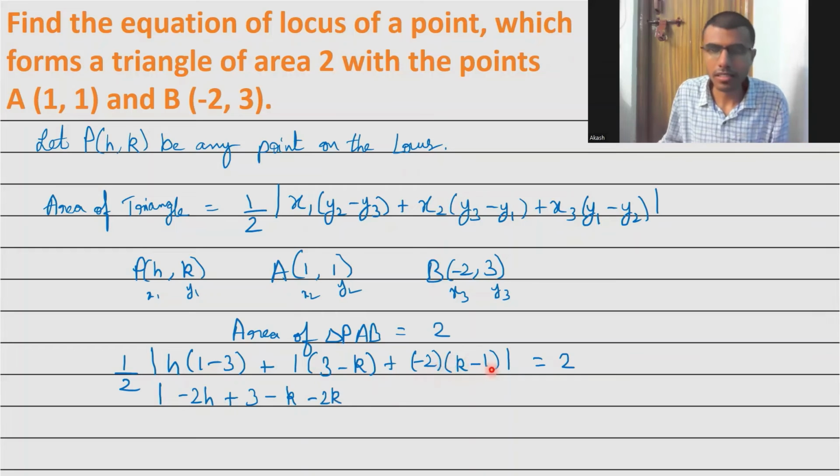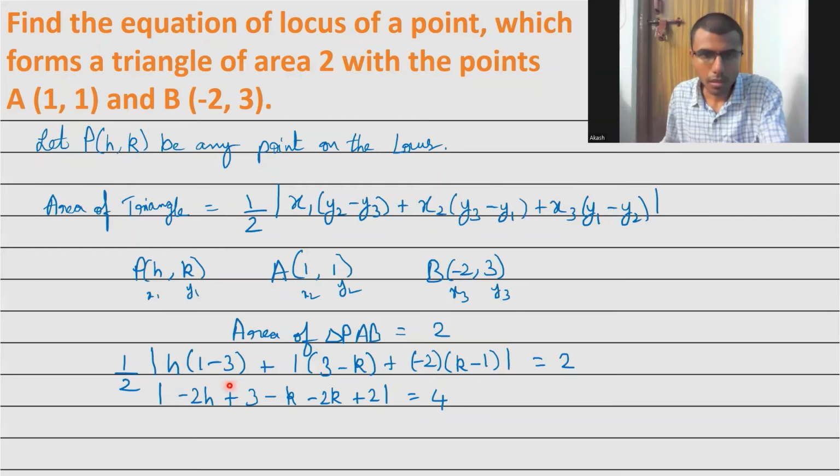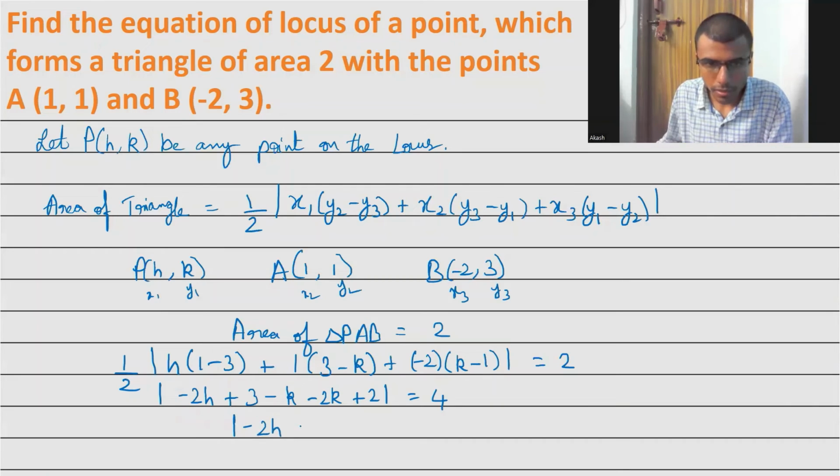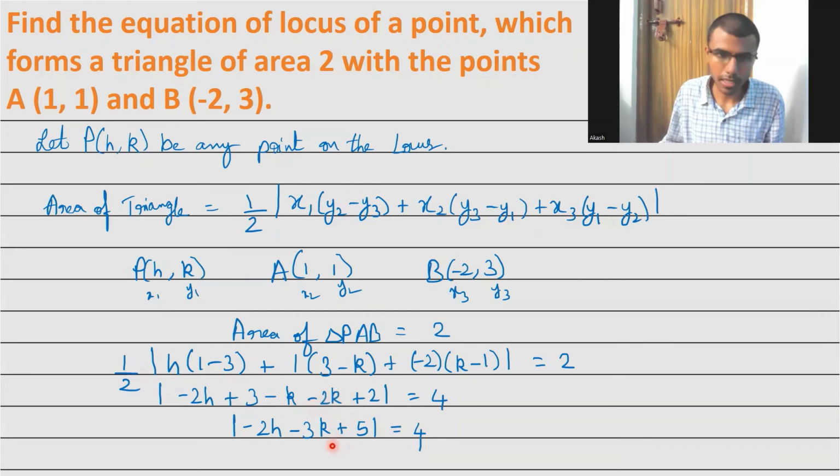Minus 2 into minus 1 is plus 2, is equal to 4. So now mod of minus 2h minus 3k plus 5 is equal to 4. Because minus k minus 2k is minus 3k and 3 plus 2 is 5.